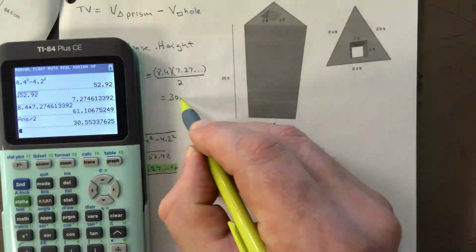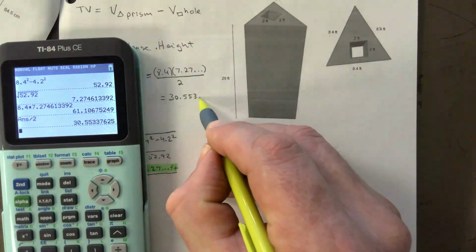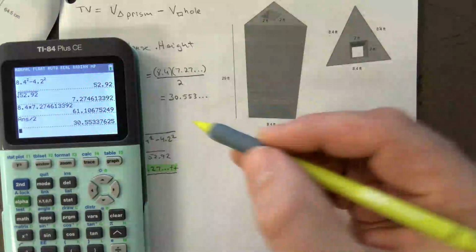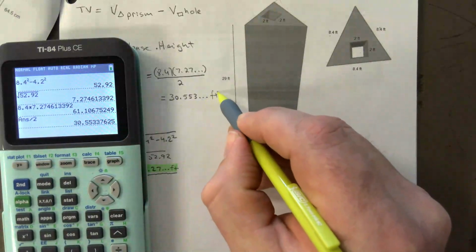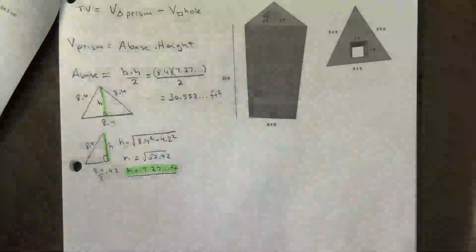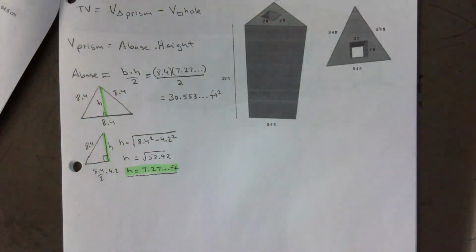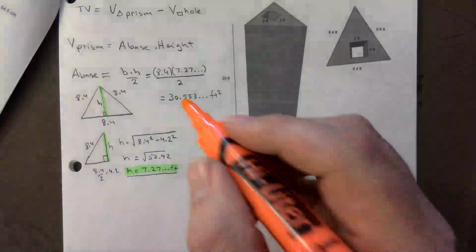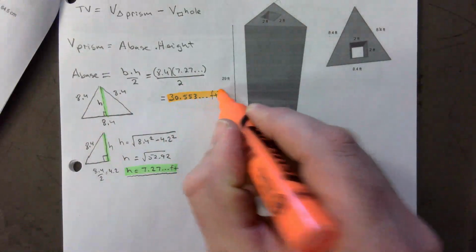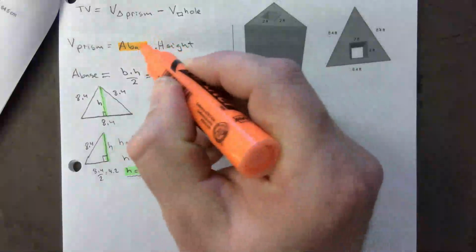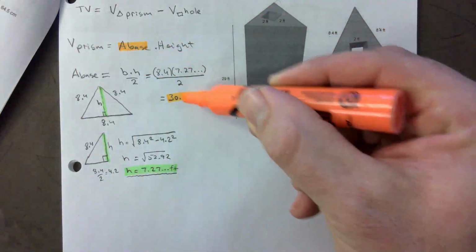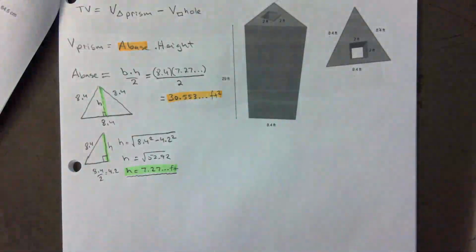So that's 30.553 and then something. And now we're talking area already. This is square feet. So this number is essentially that one right there. I found the area of the base, which is that triangle.